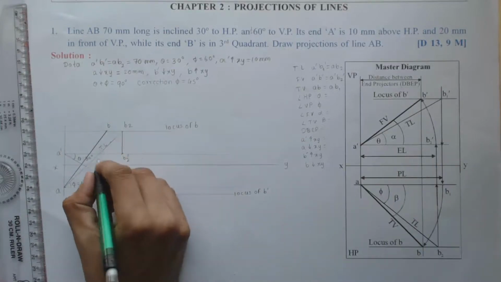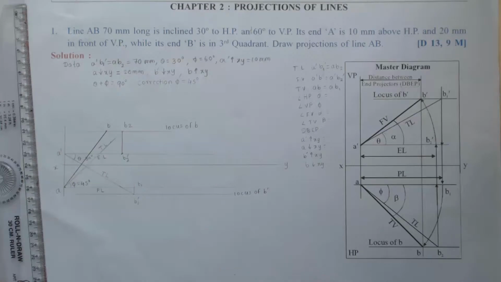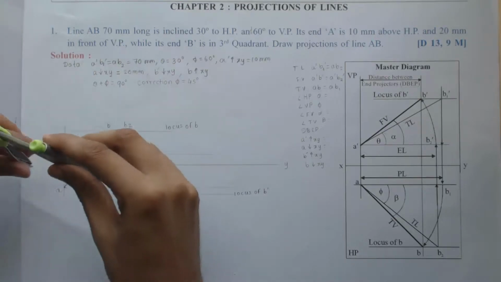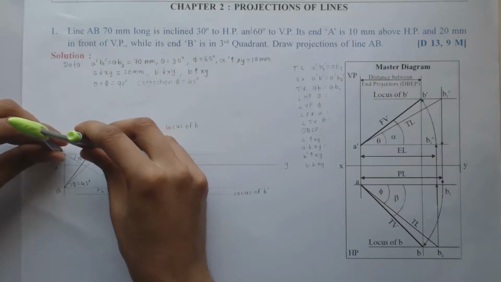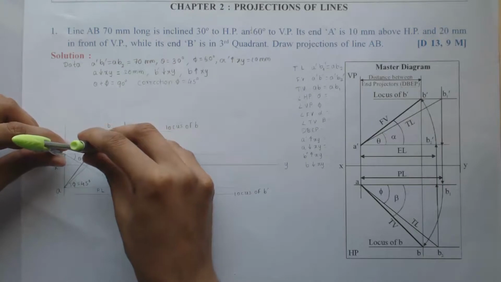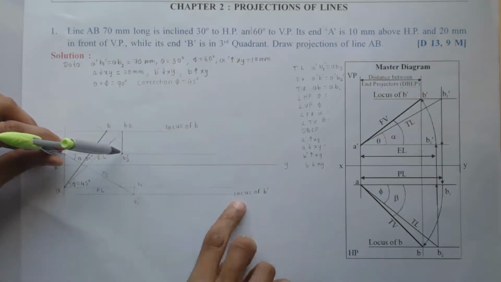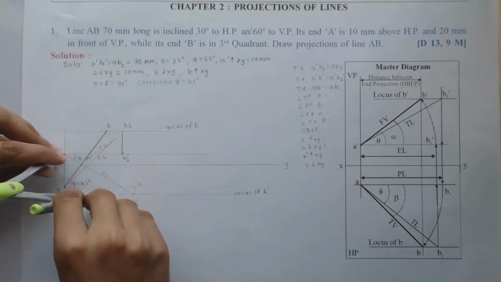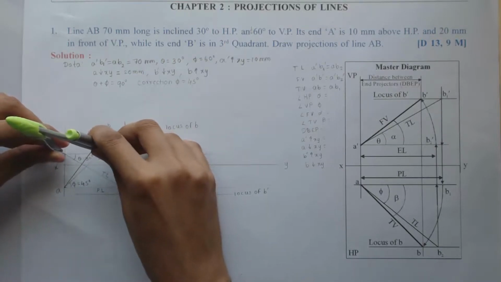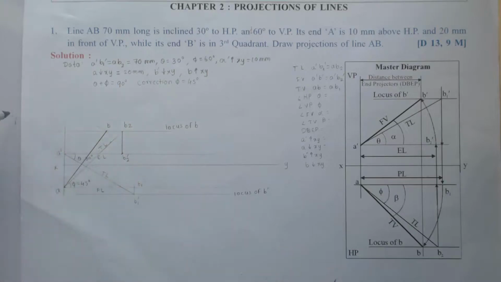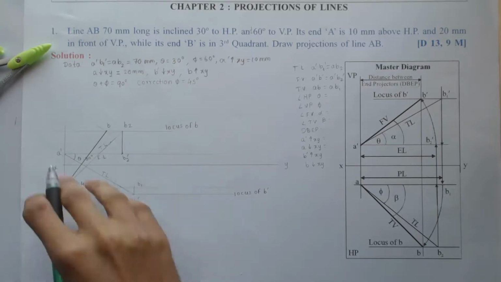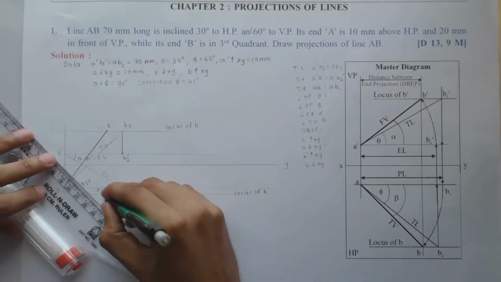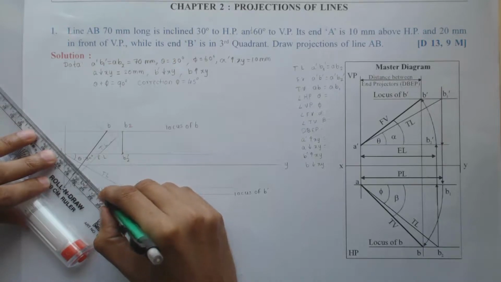Now A dash B2 dash will give me elevation length, which can be rotated up to locus of B dash to get the final front view length. So from A dash B2 dash I am producing the arc up to locus of B dash, which is here. I'm getting this point, which will give me the final front view B dash for point B. Now I can join A dash to B dash to get the final front view of line AB, which is A dash B dash.